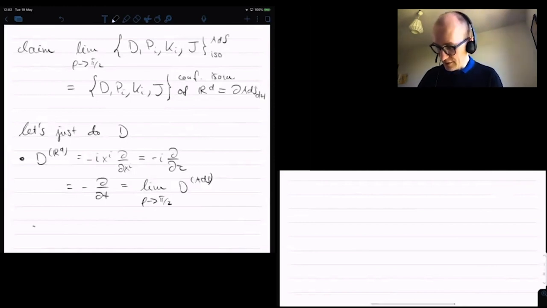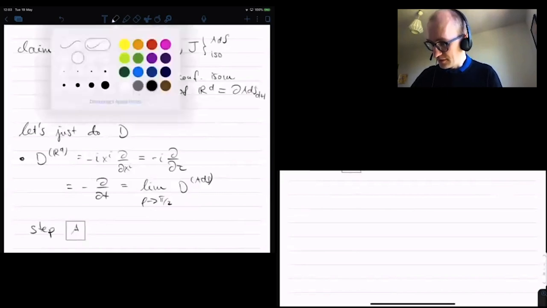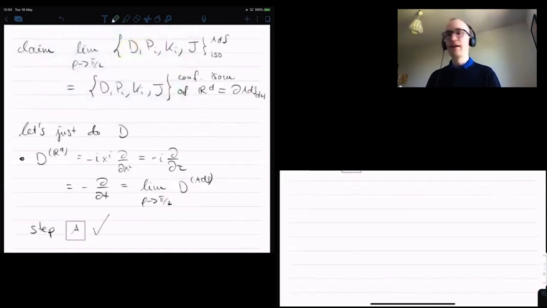So in some sense, sorry, this was all a bit rushed, but this establishes step A. I haven't given you too many details, but I will give you at least the one rho-dependent case, and that should be a better illustration. So let's leave it here, and let's take up next week where we basically go to step B.